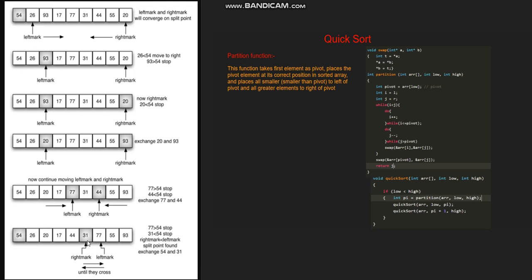Now we have to do the same for its left side and its right side arrays. That is, we have to call the quicksort algorithm or the partition algorithm on its left and right.